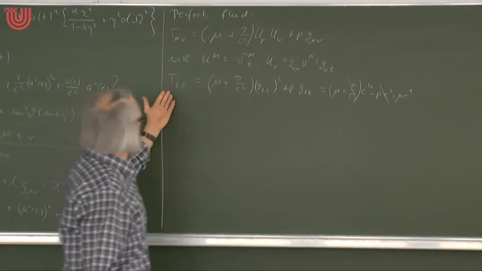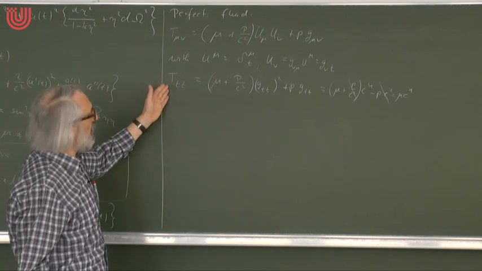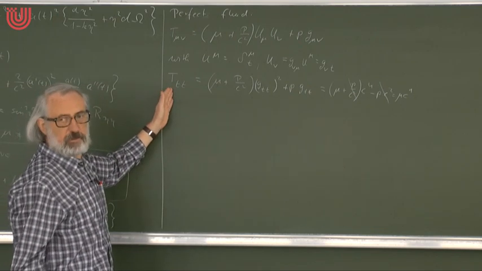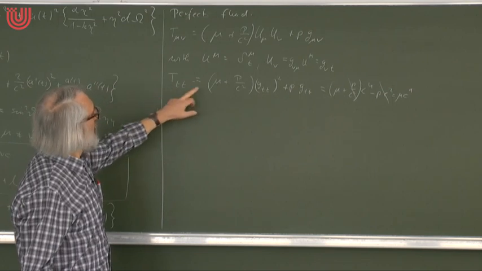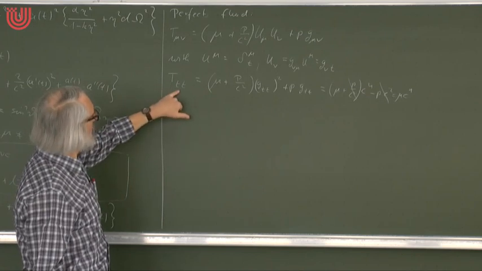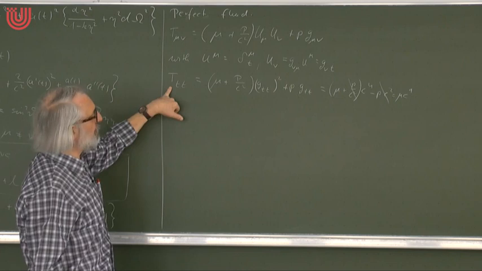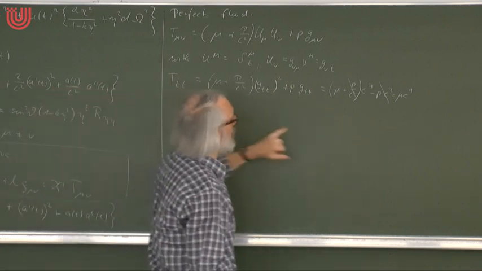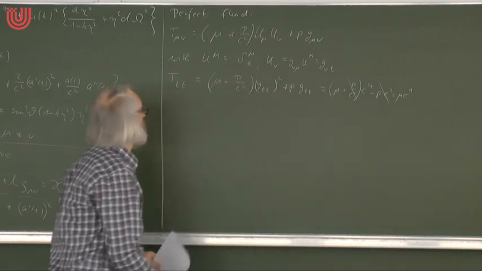So from this equation, we can read that it's correct what I said, that mu is the rest mass density, or the rest energy density, up to a factor c squared. Because our fluid is at rest on the t line, so T_tt gives the energy density with respect to this vector field, and this is up to the dimensional factor indeed given by mu.